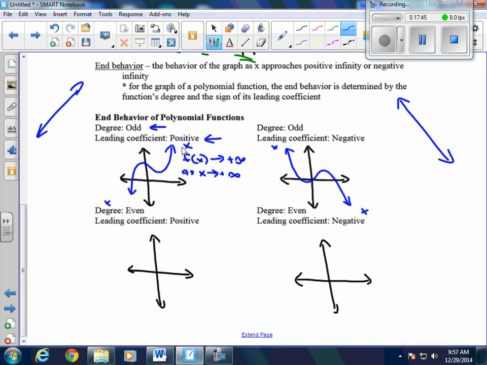What that means is this: as x goes this way, as x gets bigger, y is getting bigger. And down here, we're going to say f of x approaches negative infinity as x approaches negative infinity, because as x gets smaller, y also gets smaller.